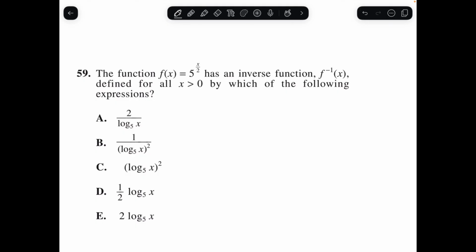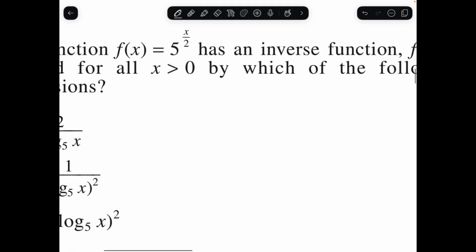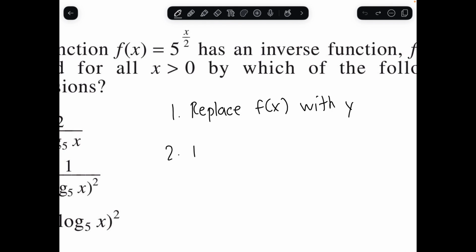So whenever you see something asking for the inverse function, there are 3 steps I want you guys to follow. The first step is replacing f of x with y. The second step is swap y and x. And the third step is solve for y.